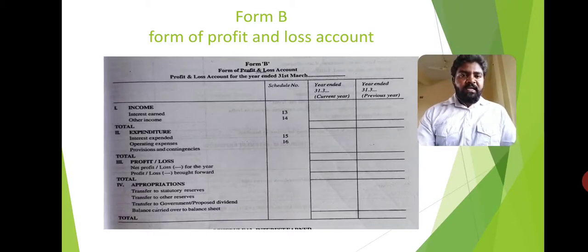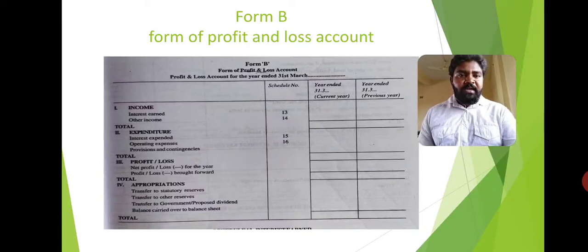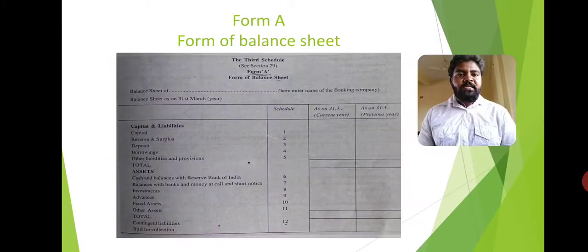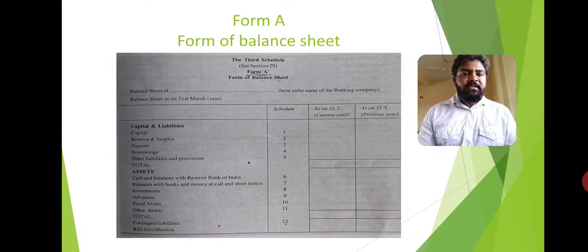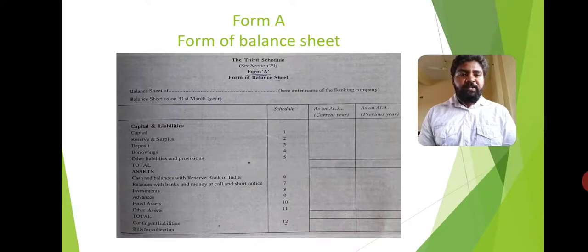So by following this format, we prepare a profit and loss account. It is Form B. While preparing this profit and loss account and balance sheet, we get the financial position of the company.